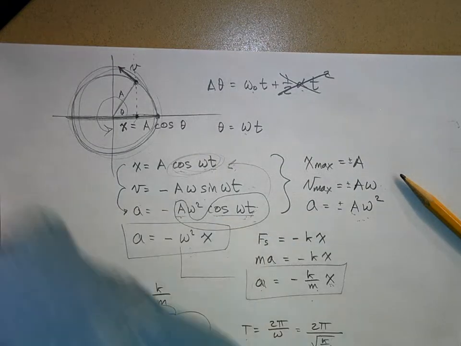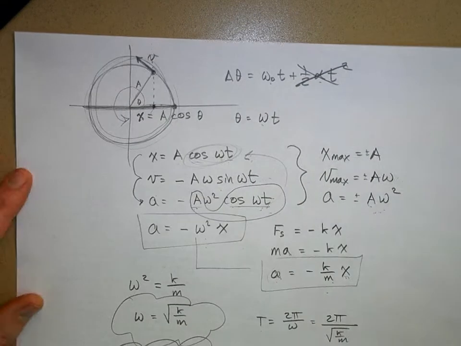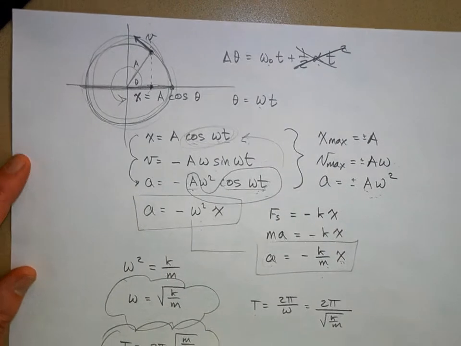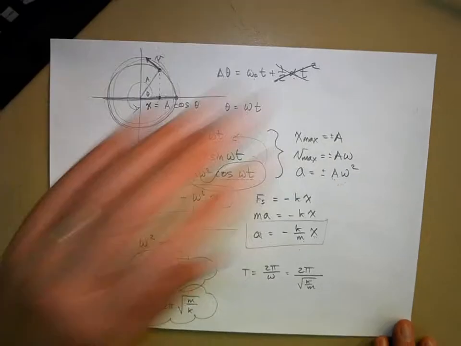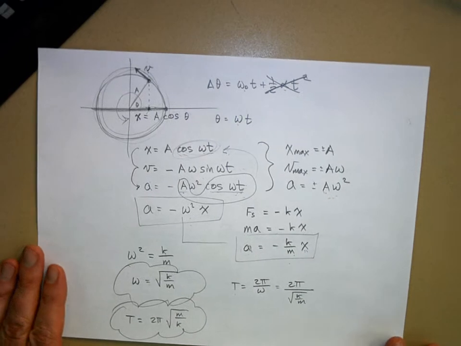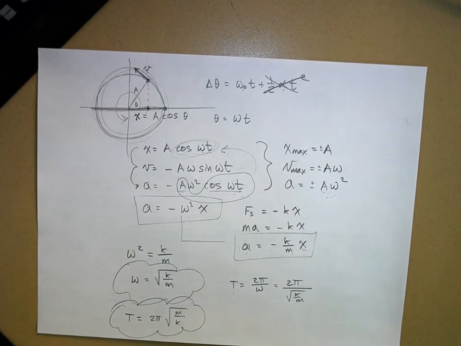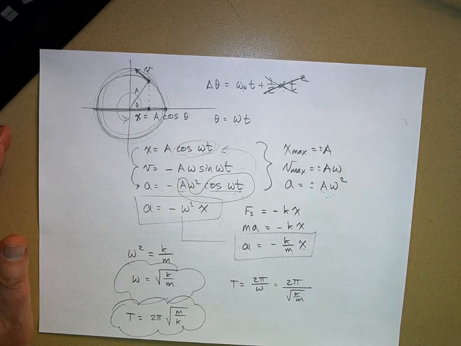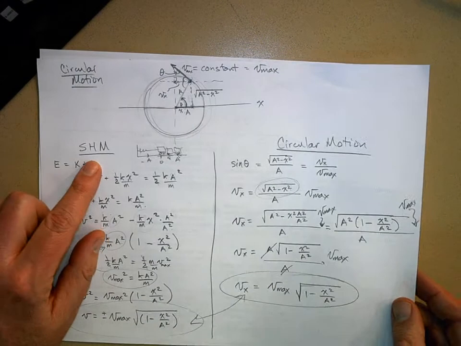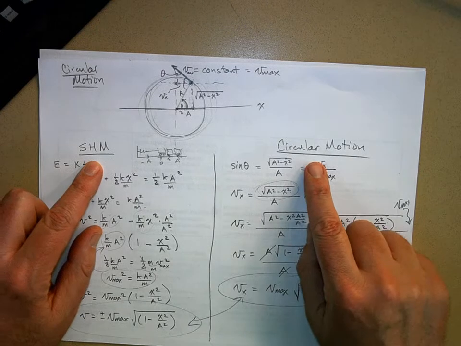All right. So I think this is enough for now. There's a lot going on here. What do you really need to know? You need to know that a simple harmonic oscillator is mathematically very similar to circular motion.